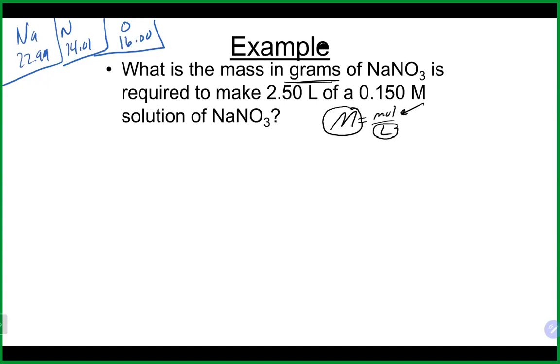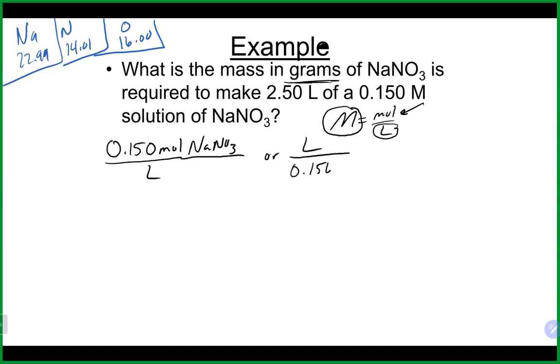In this case here, I am going to convert the molarity into a more usable conversion factor, which is moles per liter of sodium nitrate. And again, you can use it like that, or you could flip it around and put the moles on the bottom, and really just work it like a dimensional analysis problem.